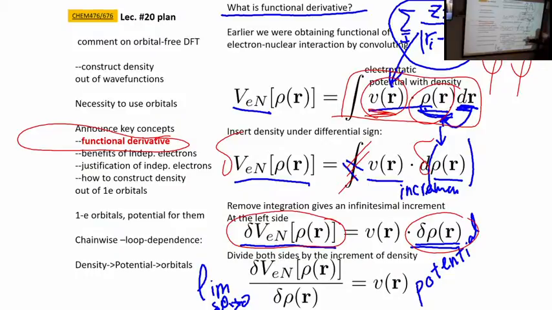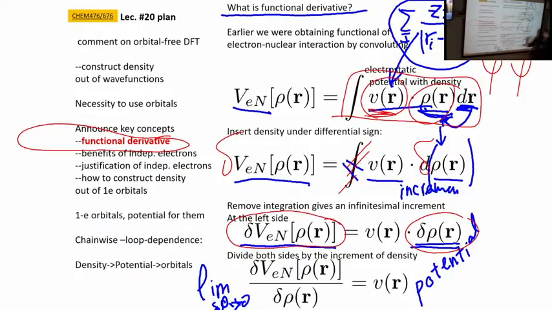So it's simple writing, but a little crazy abstract thing. Now, let's divide left and right by delta rho. Then the division of the increment of energy, potential energy, by the increment of density will give you the external potential. Object if you want or if you can.